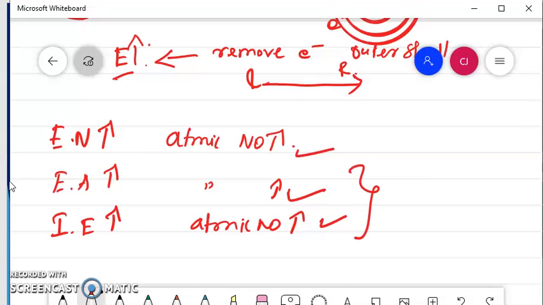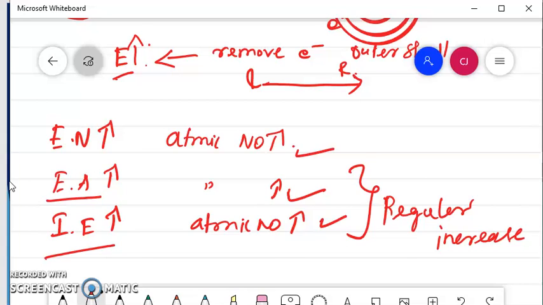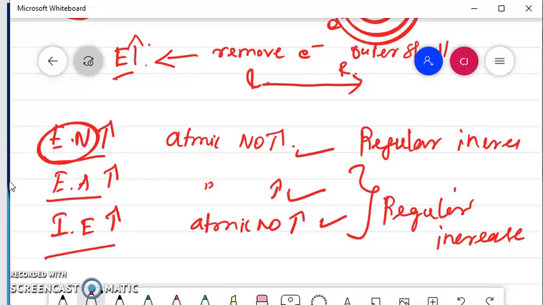If you see electron affinity and ionization energy, there is no regular increase. It will change; it is not standard. But electronegativity shows a regular increase with the rise in atomic number.